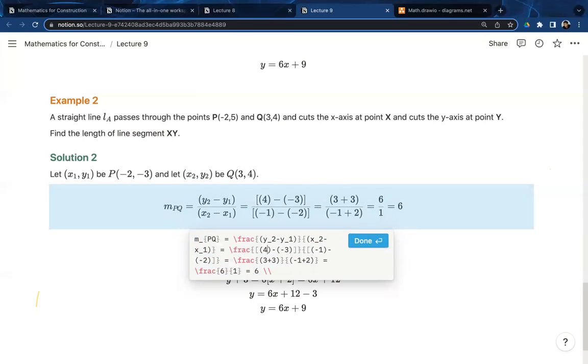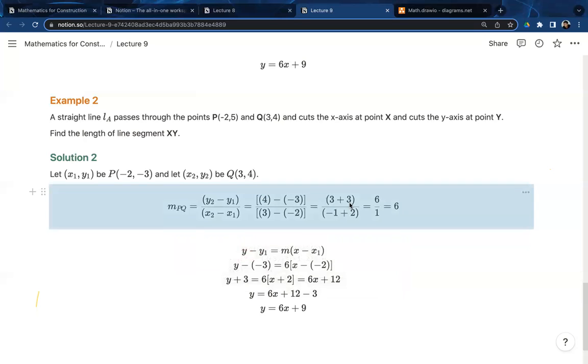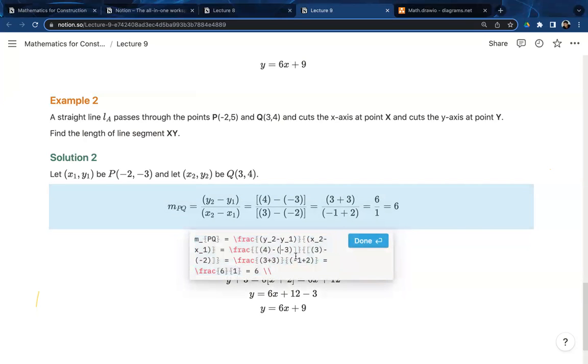Y1 is -3, so 4 plus 3. X2 is 3, and X1 is -2. So at the bottom, I'll get 3 plus 2.